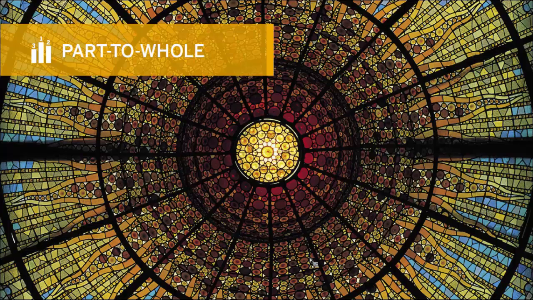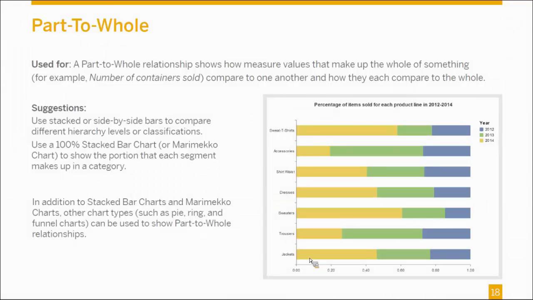So next topic is part to whole. Part to whole is a concept that allows to show how measure values that make up the whole of something compare to one another and how they compare to the whole.